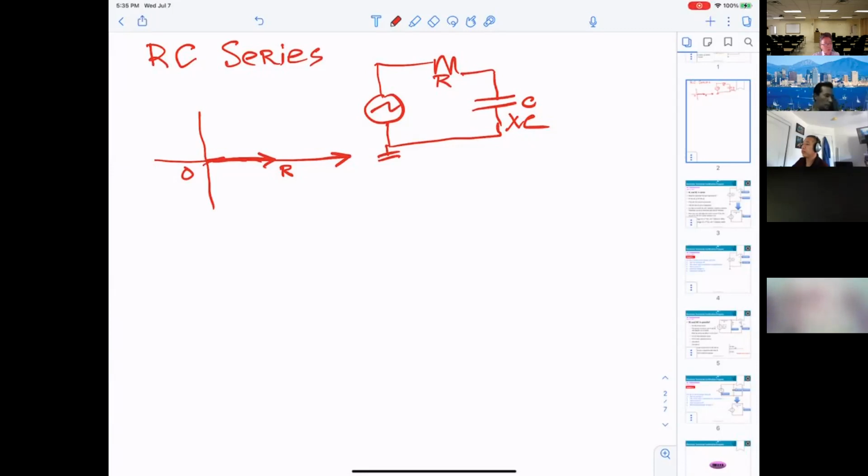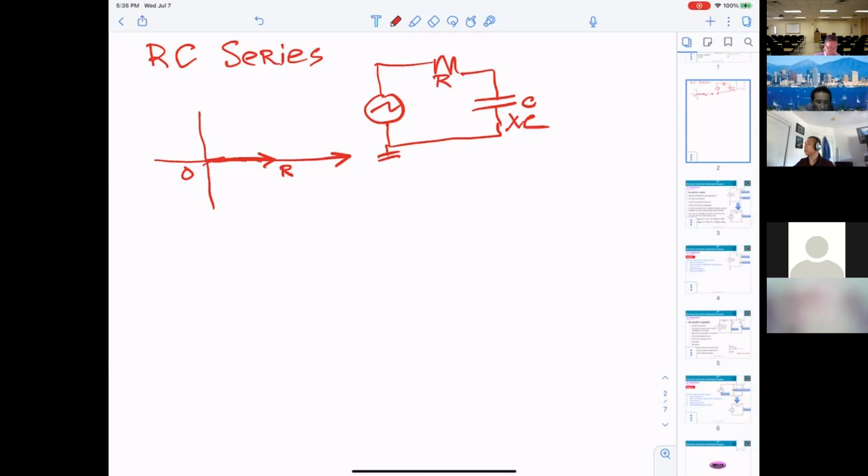The axis goes where? Down. Going down. That means the axis will be going down. That tells you it is leading by 90 degrees.